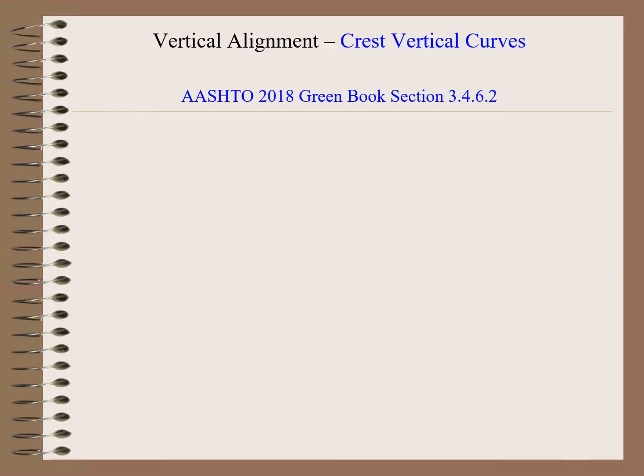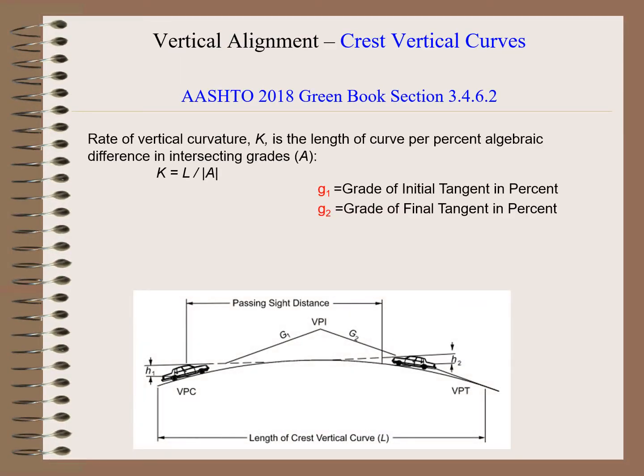Rate of vertical curve K is the length of the curve per percent algebraic difference in the intersecting grades, called A. K equals the length of curve divided by the absolute value of A. A equals G2 minus G1.